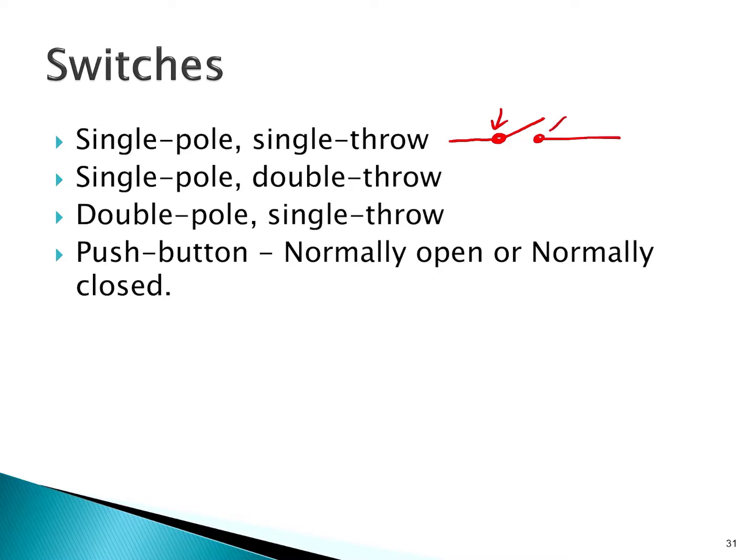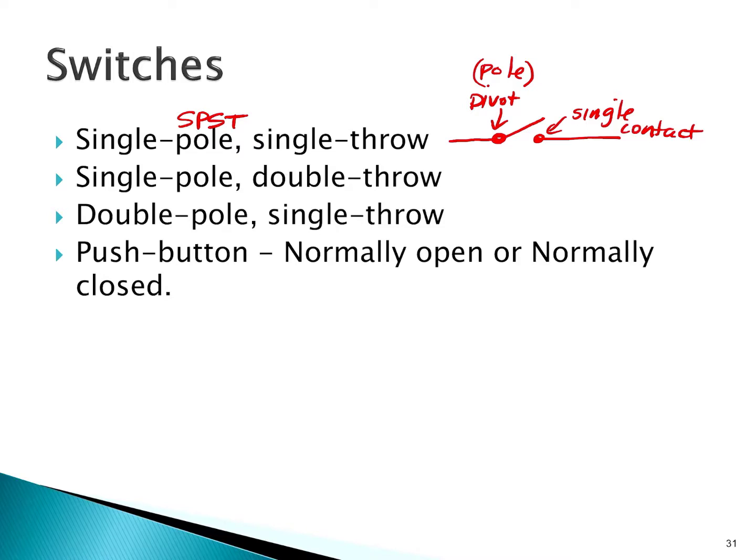So it has a single contact and again a single pivot point back at this point here. This is what would be called the pole. So the symbol I've shown for this first one is a single pole, single throw, and the acronym for the first one is SPST, single pole, single throw.